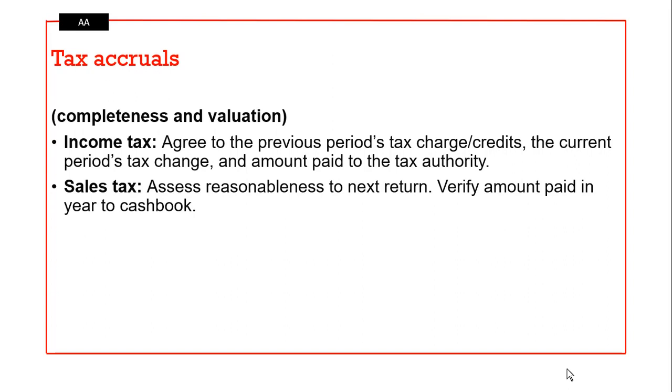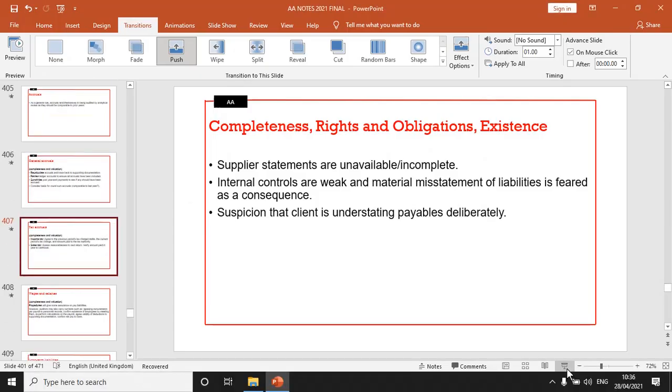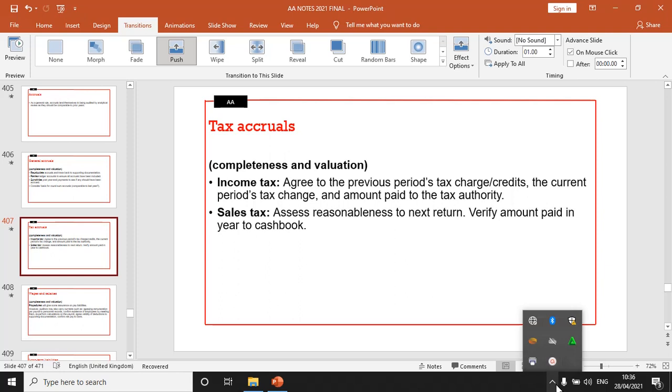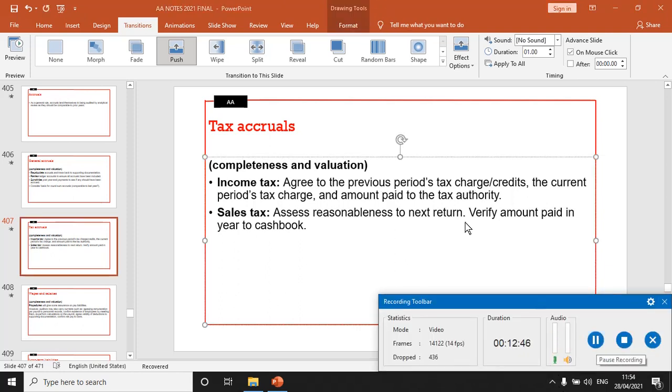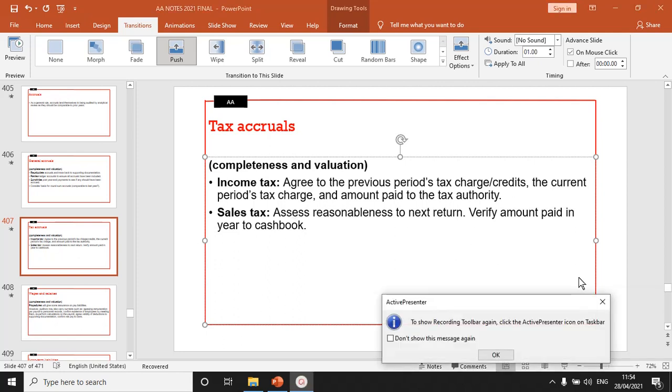You need to agree the income tax expense computation to the previous period tax charge or credits, the current period tax charge, and the amount paid to the tax authority.